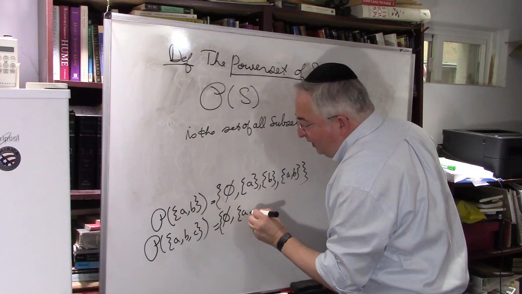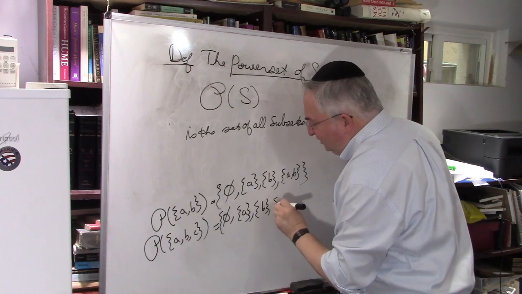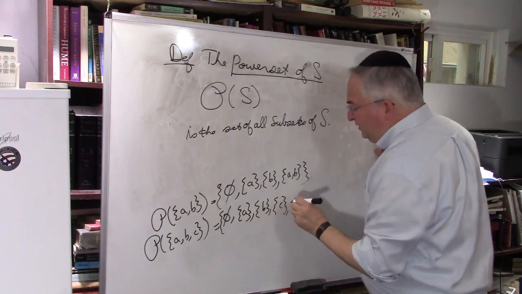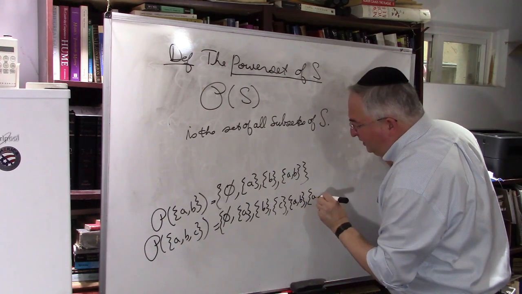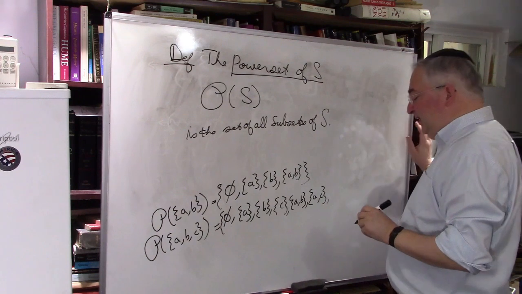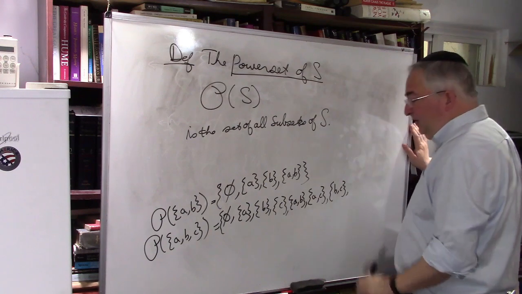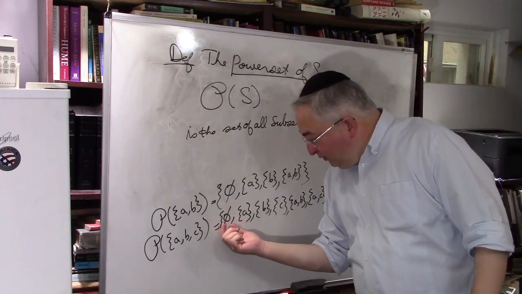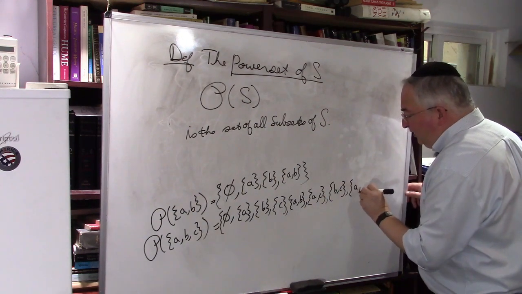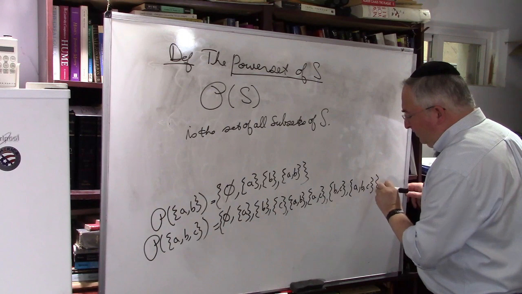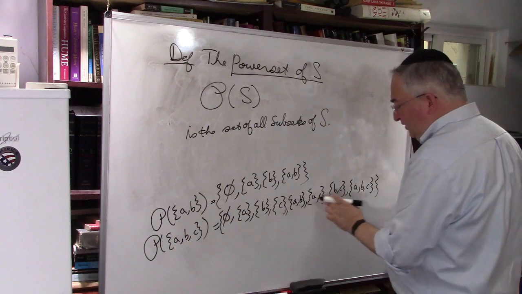So here's the empty set, the set that contains the element A, the set that contains the element B, the set that contains the element C, the set that contains the elements A, B, the set that contains the elements A, C, the set that contains the elements B, C. And finally, this is all 0 element sets, 1 element sets, 2 element sets, and then we have the entire set. How many are there? 1, 2, 3, 4, 5, 6, 7, 8.